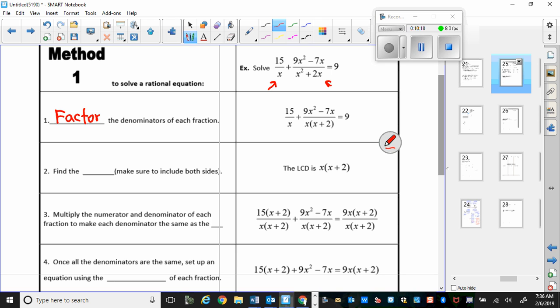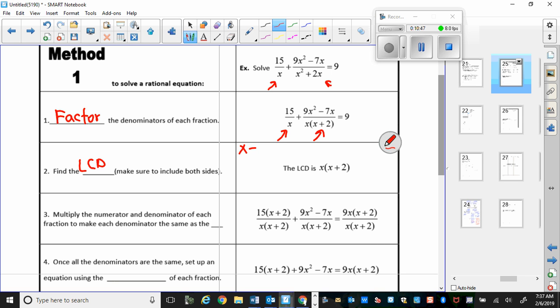Now x squared plus 2x is factorable, and I can bring out an x, and I'm left with x plus 2, this quantity inside of those parentheses. Now what this allows us to do is to find the lowest common denominator, or lowest common multiple. Okay, so what's missing from this side that this side has?